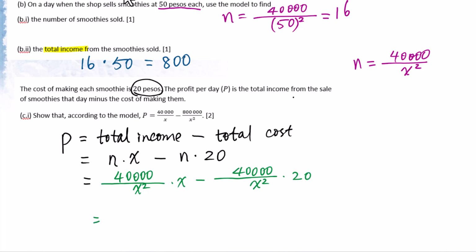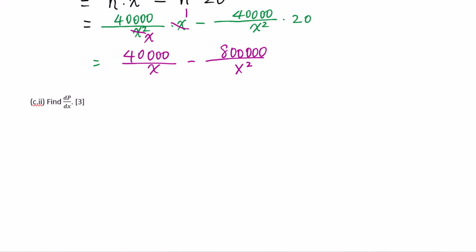Simplify. 40,000 over x minus, denominator is x squared, 20 times 40,000 equals 800,000.